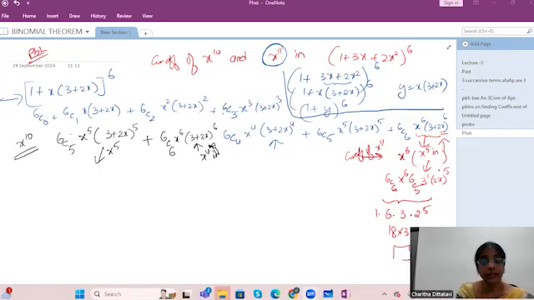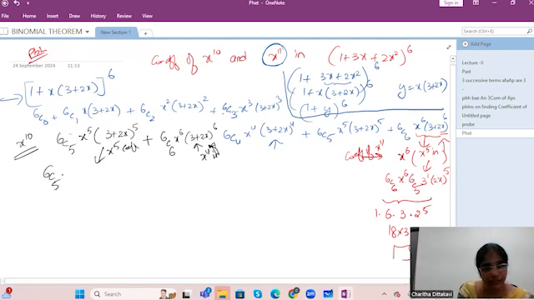So here I want the x to the power 5 coefficient in that particular term. So let me write 6c5 x to the power 5 as such. And now in this, I am going to write the x to the power 5 expansion, which is 5c5, 3 to the power 5 minus 5, which is 0, and (2x) whole to the power 5, right?